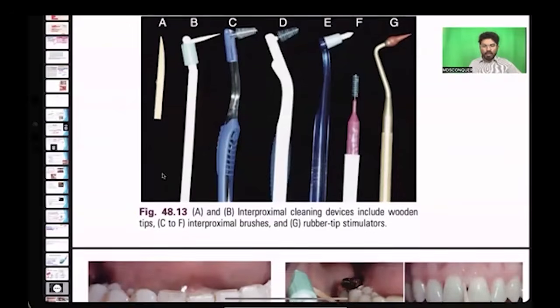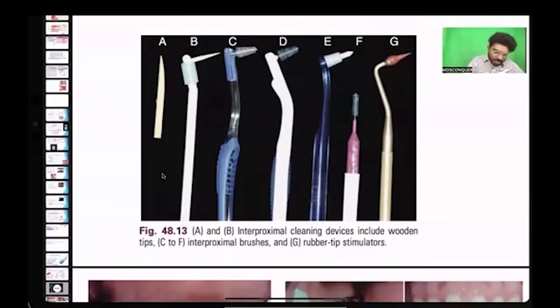Next one, again, you have different types of interproximal cleaning devices, right? So what is the first one? First cleaning device. Yes, toothpick. What is the name given to toothpick?